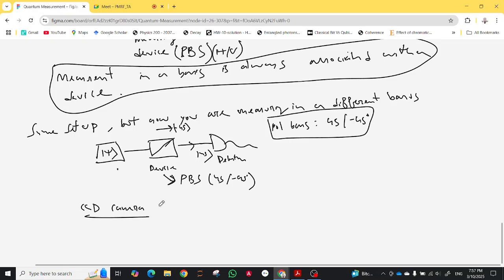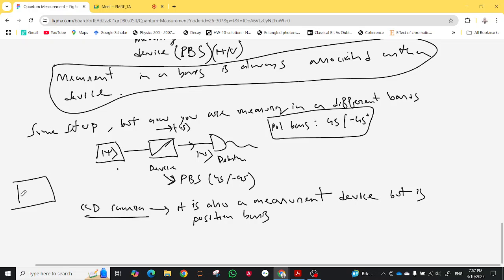A CCD camera is also a measurement device, or any camera is also a measurement device, but in position basis, right? Position basis, because in a CCD you have some pixels, right? So these are nothing but position.